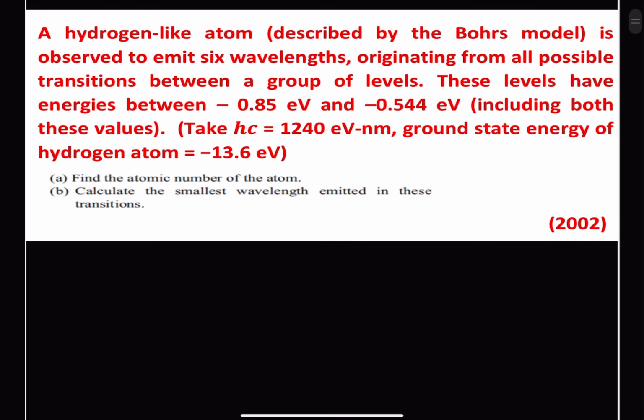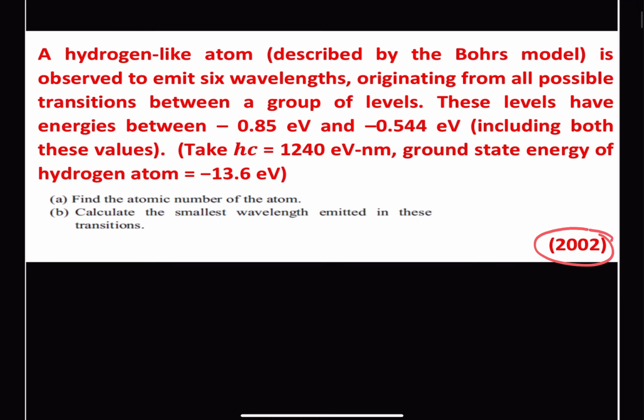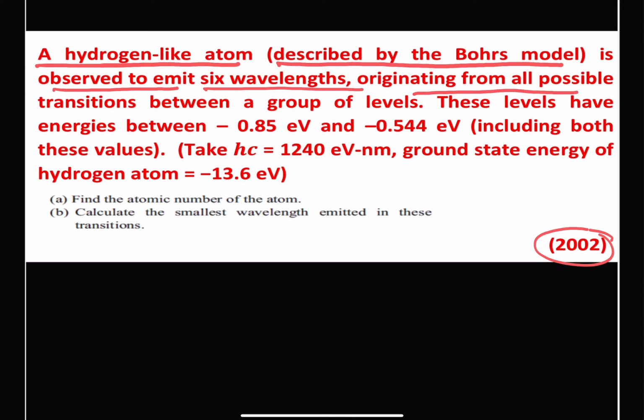In the first question, which was asked in the year 2002, it states that a hydrogen-like atom described by Bohr's model is observed to emit 6 wavelengths originating from all possible transitions between a group of levels.